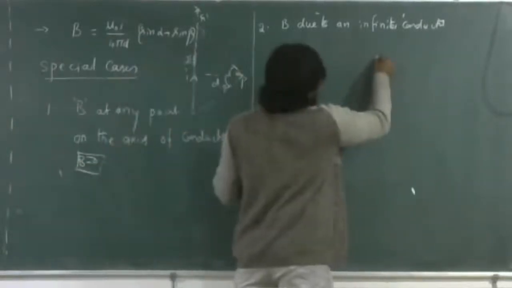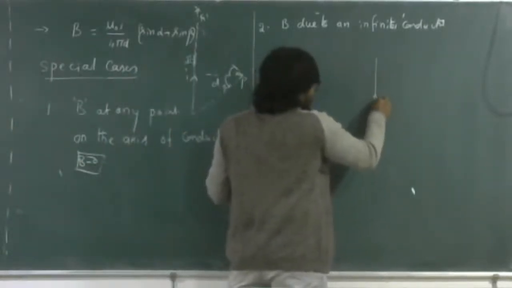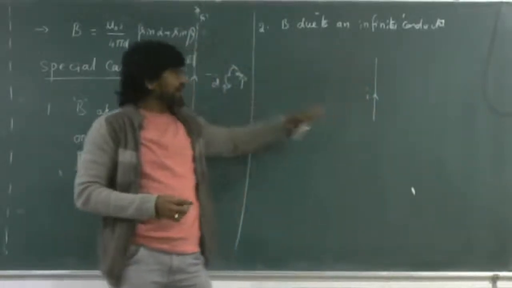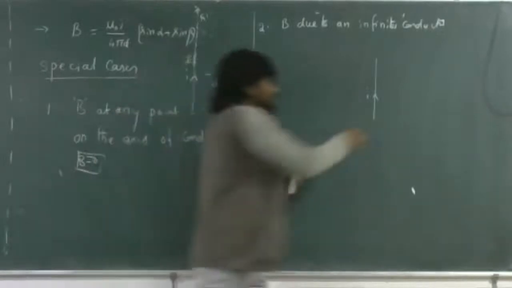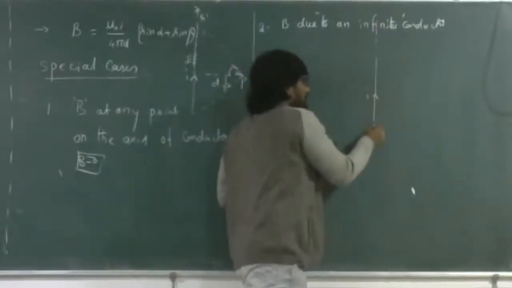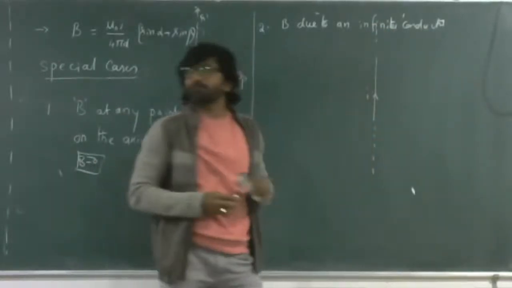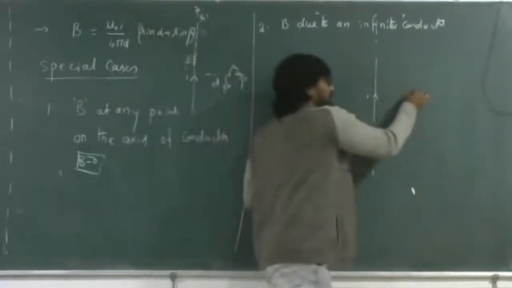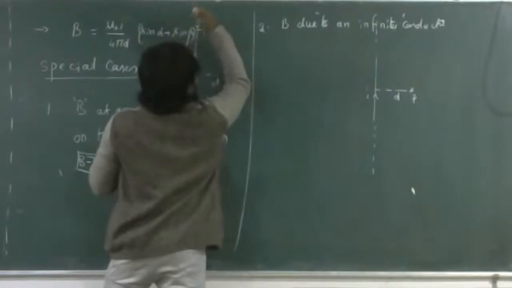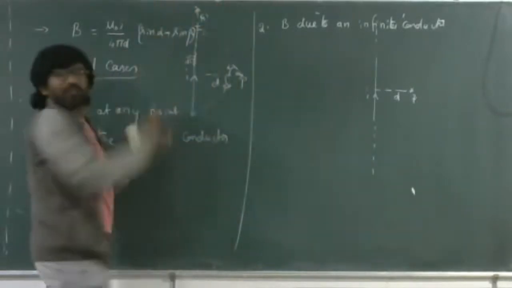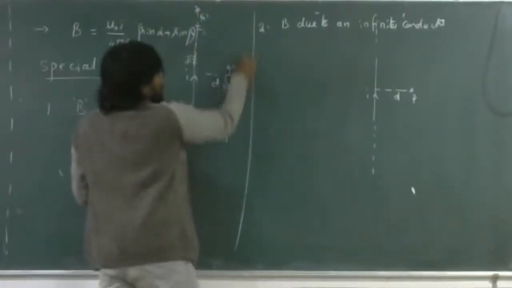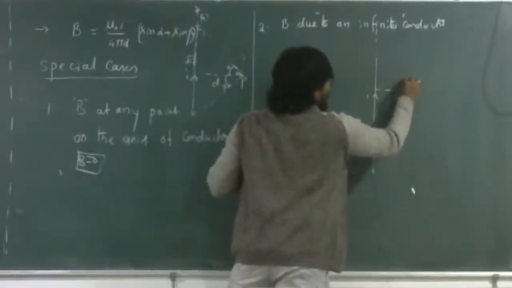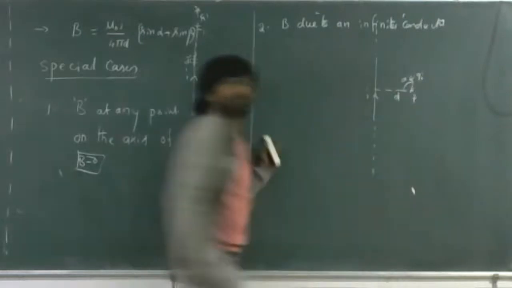So we have to consider a current carrying conductor in which current I is flowing from bottom to top. It is an infinite conductor, meaning this end is going to infinity, this end is also going to infinity. So due to this current carrying conductor at a point P, going to infinity, this line almost becomes parallel to this conductor. So alpha will become 90 degrees.